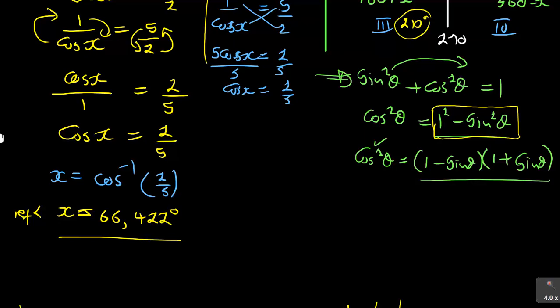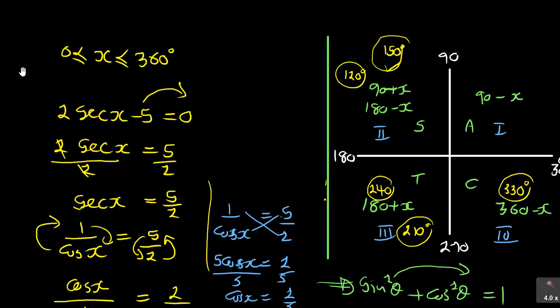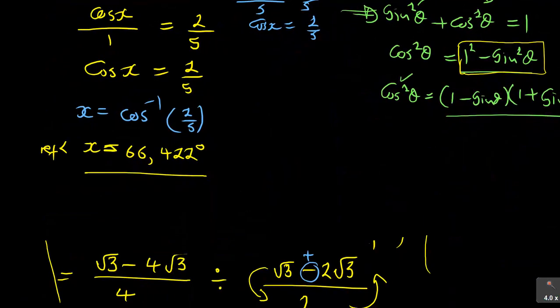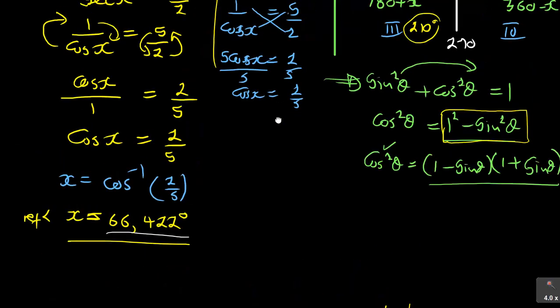But now they say the values of x are between 0 and 360. So since your x is positive here, you got the first value which is positive, so you ask yourself in which other quadrant is cos positive.